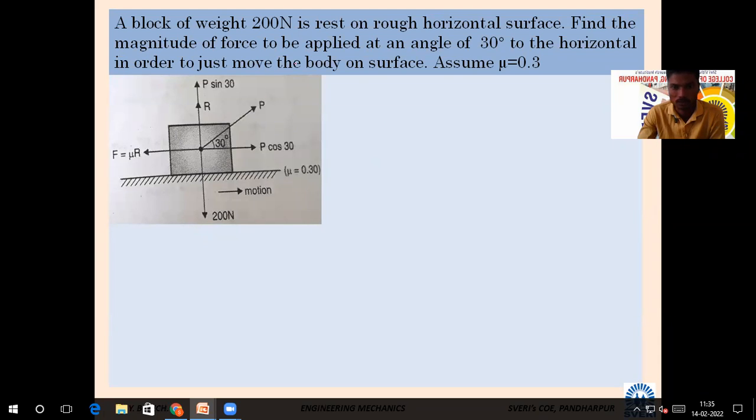Let's see your calculation. Shall we solve together, or will you solve within 5-10 minutes? Will you solve this fast? Yes, sir. Okay, start. I will ask randomly anyone. So, how have you solved? What is your answer of P?